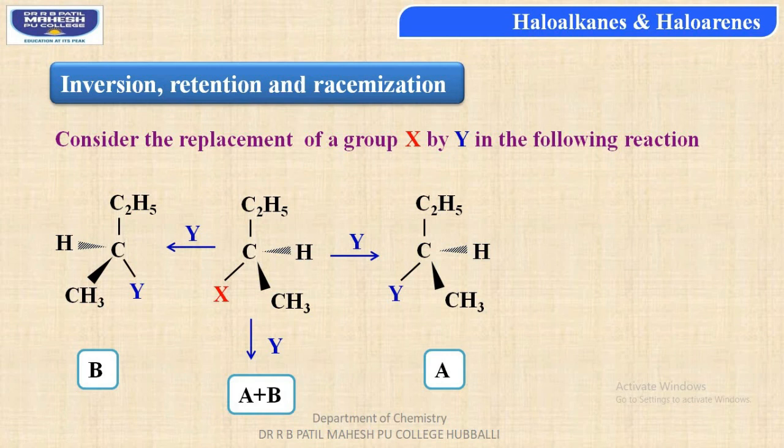Thus we can conclude that if we substitute the X substituent of the given compound by Y, if retention of the configuration occurs, then we get the product as A. If inversion of the configuration happens, then we get the structure B. And if both retention and inversion occur, then we get a racemic mixture.